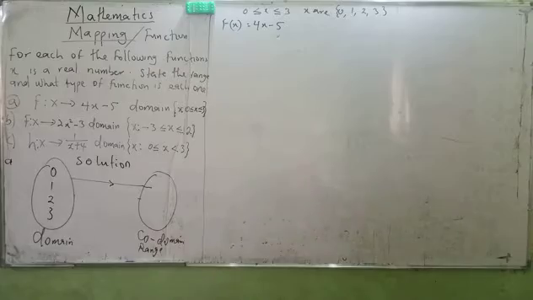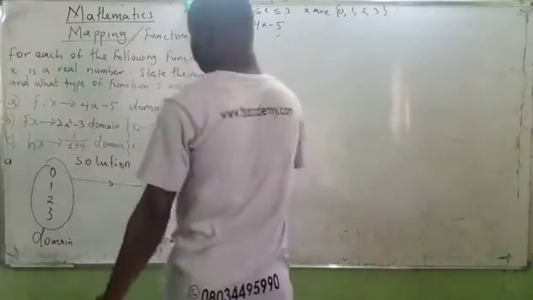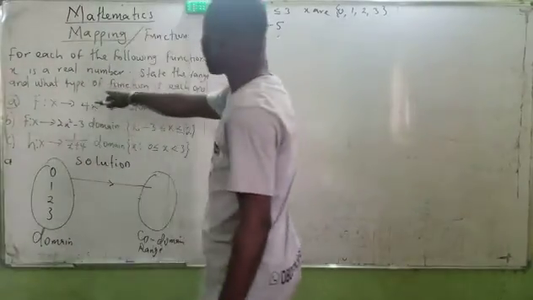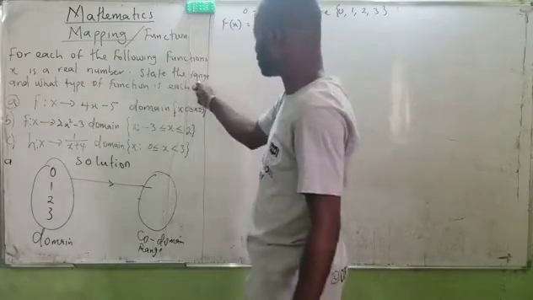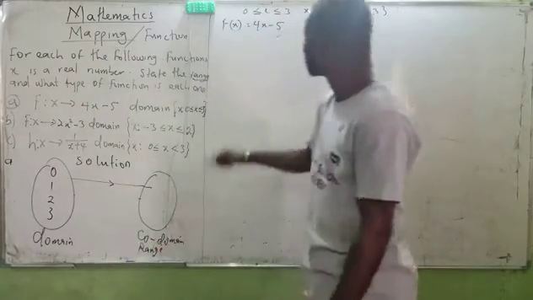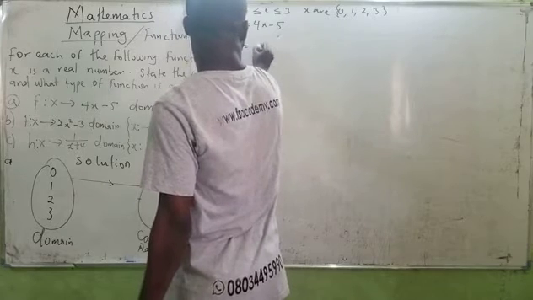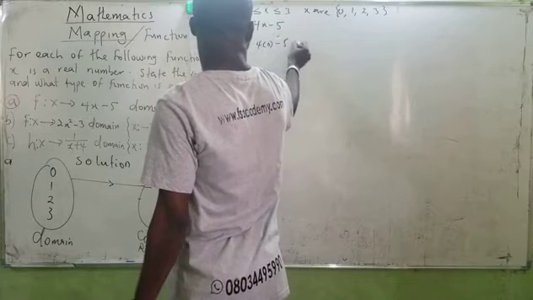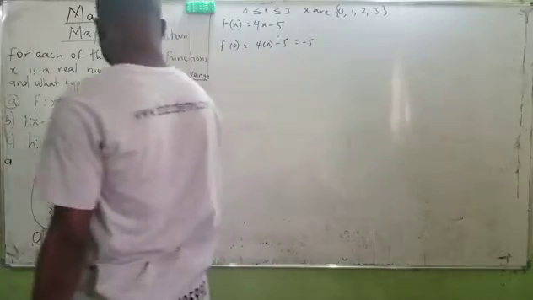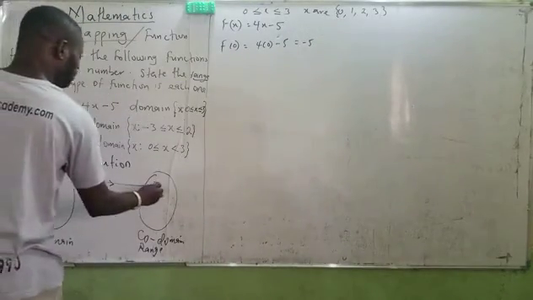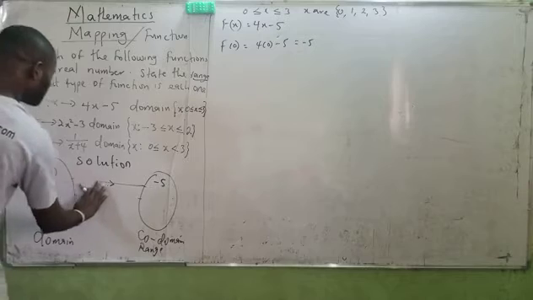Now I want to find the type of function and the range. I'm looking for the range. At f of 0, it will be 4 times 0 minus 5, which is equal to minus 5. It means 0 maps to minus 5.